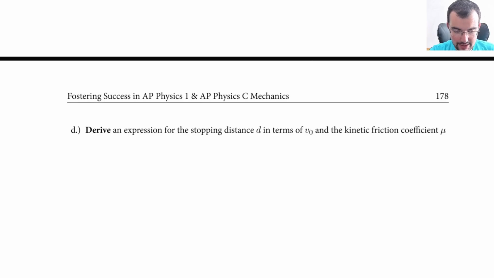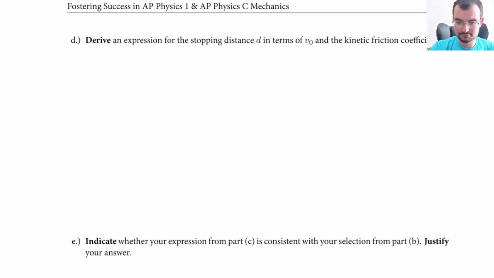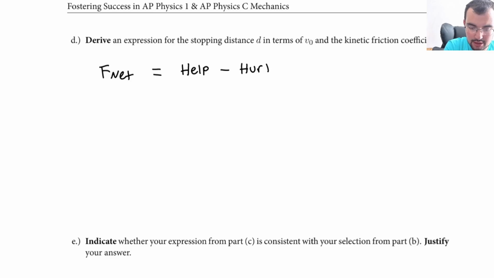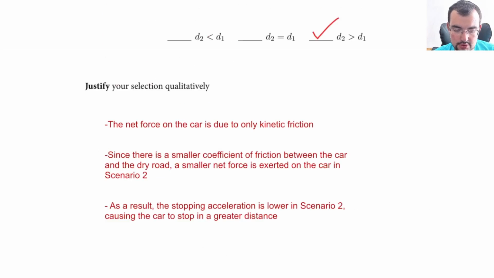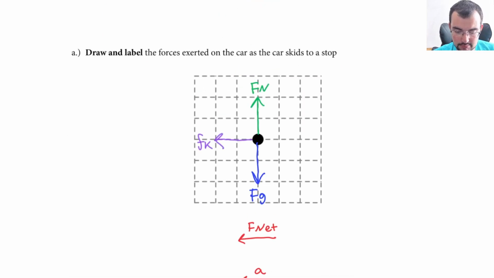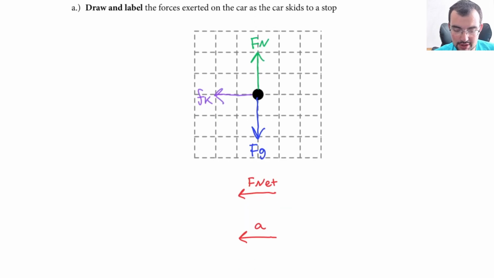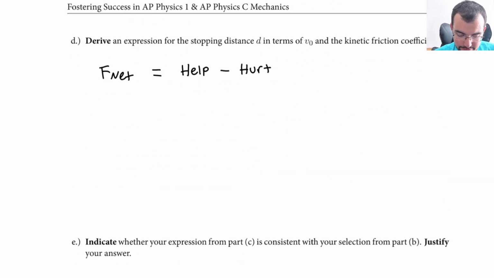All right, let's find an expression for the stopping distance. So anytime you have distance and speed and things, it's kinematics, so you got to get acceleration first. So we said that my net force is going to be the things helping the car move minus the things opposing the car's motion. So what is helping the car move? Nothing. What is opposing the car's motion? Kinetic friction.